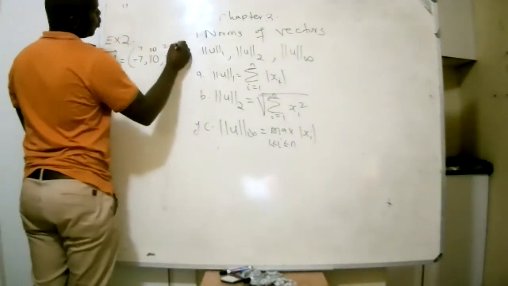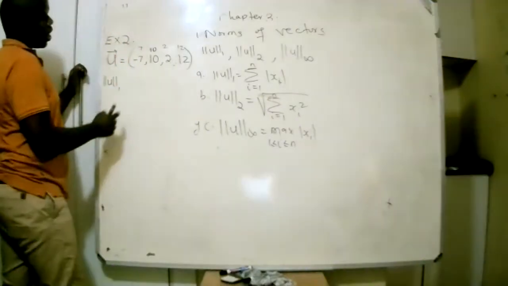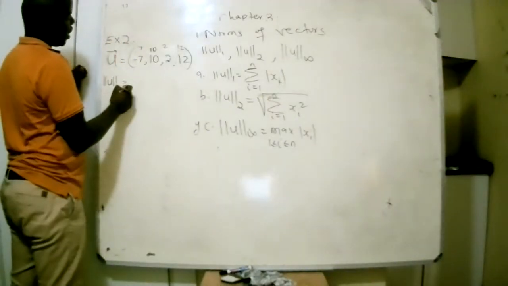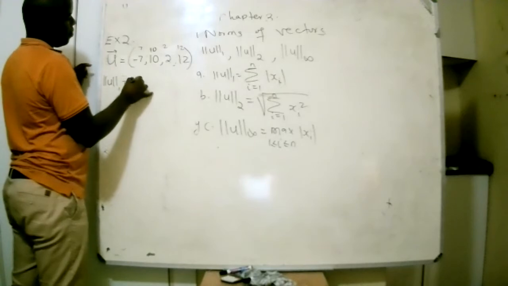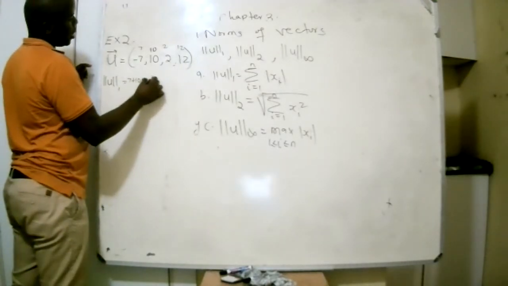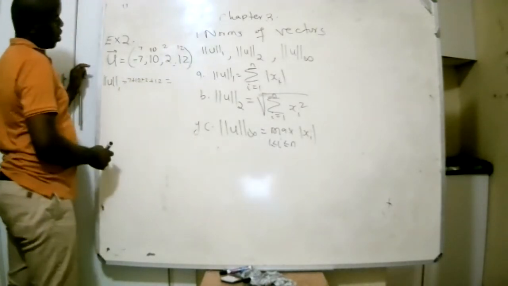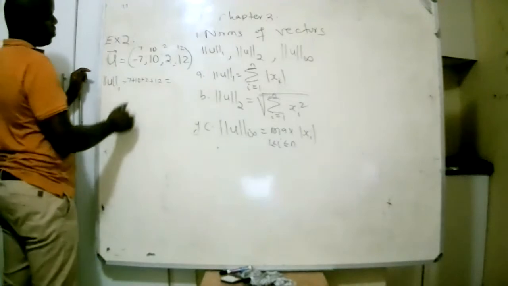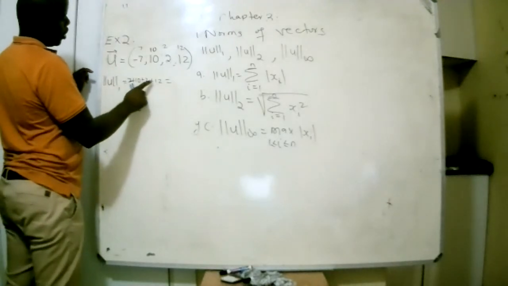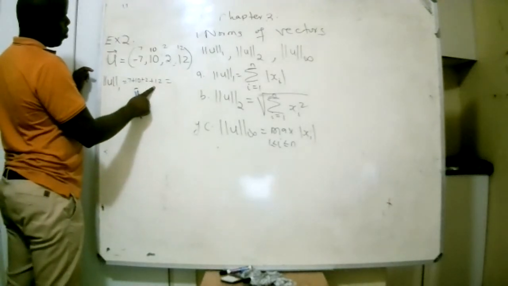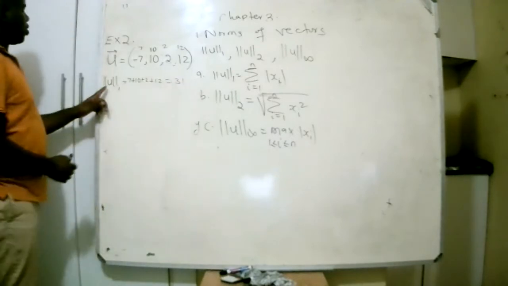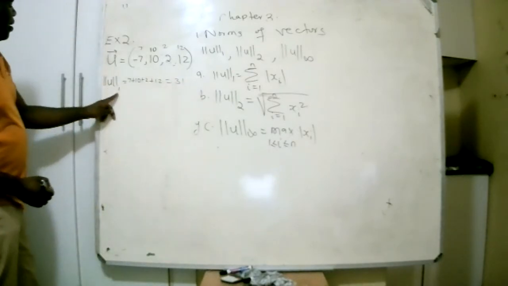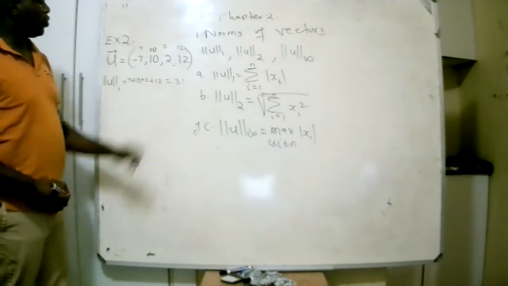And then absolute of 12 is going to be 12. So after having all this, we have to add all of them. We're going to have 7 plus 10 plus 2 plus 12, which will be 31. So norm 1 of u is going to be 31.